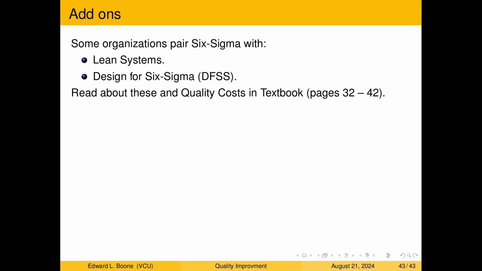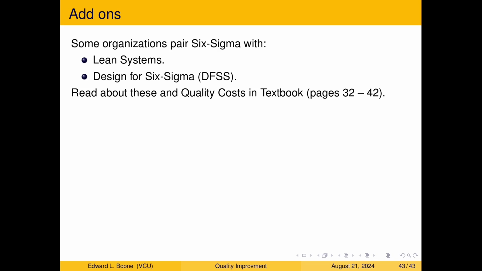So when you're designing the process, you want to design the process for quality versus taking a process that already exists and trying to fix it for quality. So design for Six Sigma is very prospective. I want to do this beforehand to ensure quality versus taking something that maybe is not producing as good quality and trying to fix it.